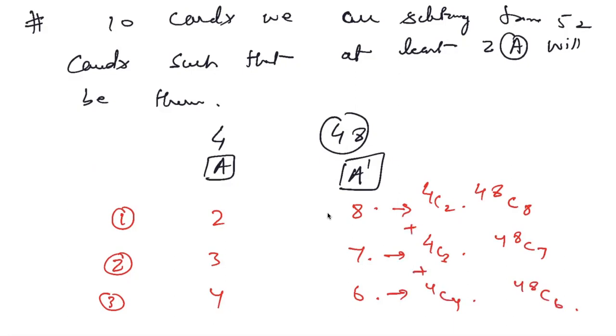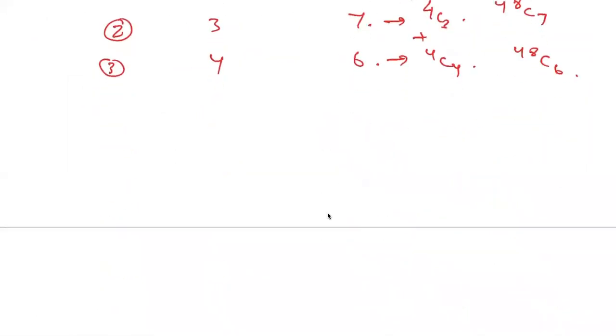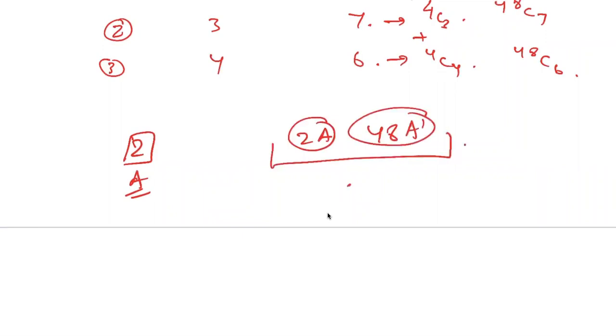Some may ask, why not take both things as one? Two cards of aces are there, and the rest of the cards, 2 aces and 48 non-aces, so out of these 50 we select 8, and maybe 3 aces are there, and we are selecting 1 ace and 48 non-ace, right?